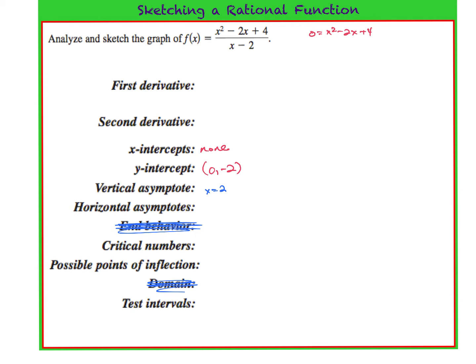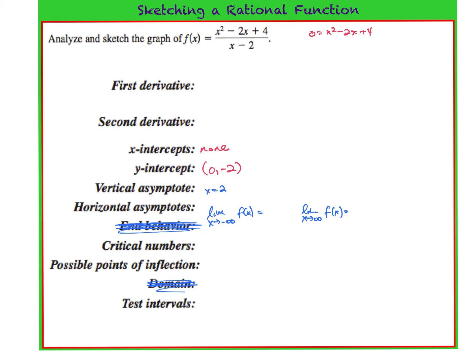Now for horizontal asymptotes, I need to take a limit as x approaches -infinity and a limit as x approaches infinity. So when x approaches -infinity, where's my higher power? The top.